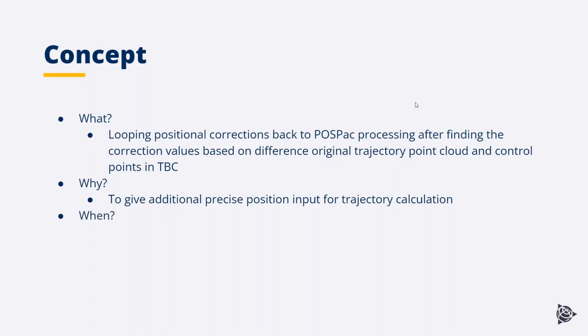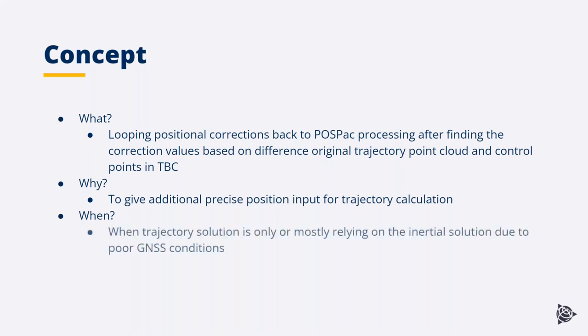When would we use the pfix process? It's not a method you would use for all your mobile mapping projects. It's only for very special projects. We would use this when the trajectory solution is only or mostly relying on the inertial solution, usually because there has been poor or no GNSS observations available.